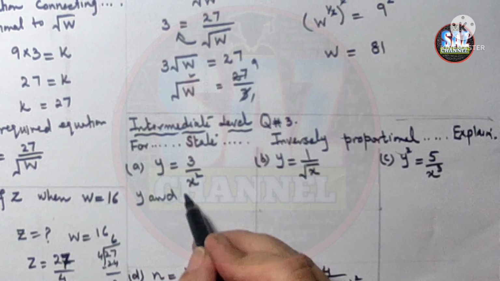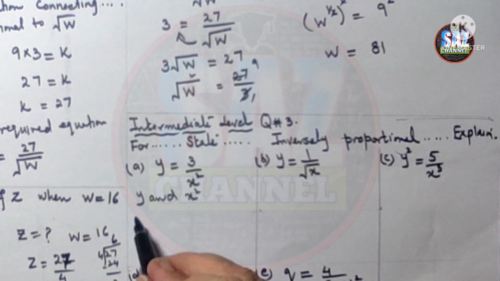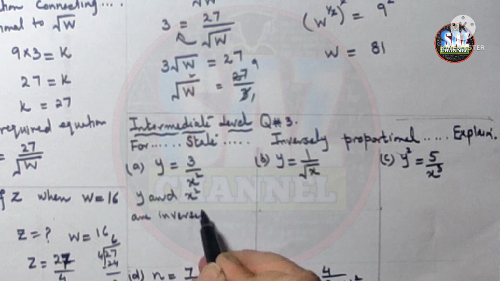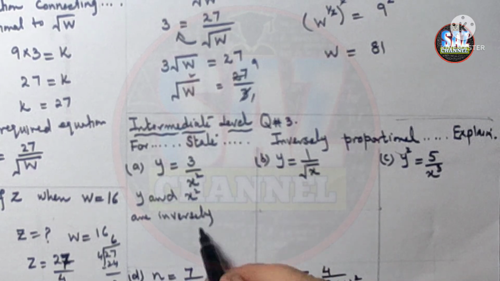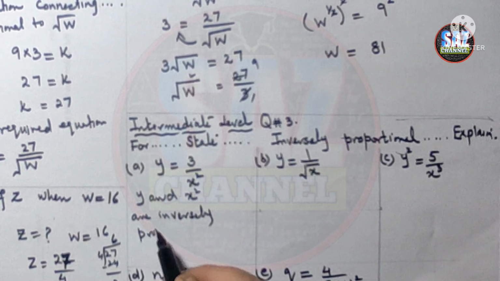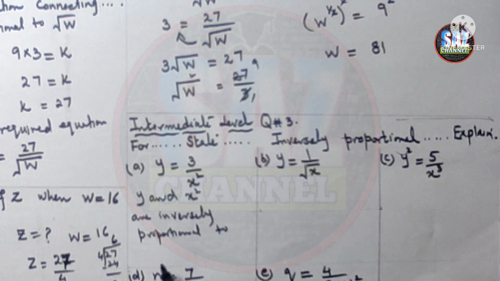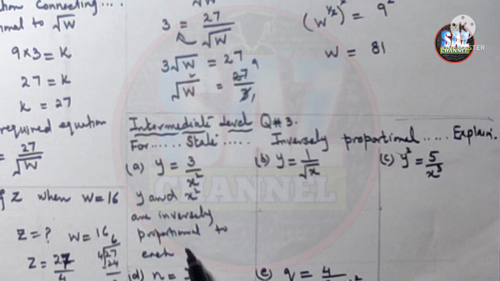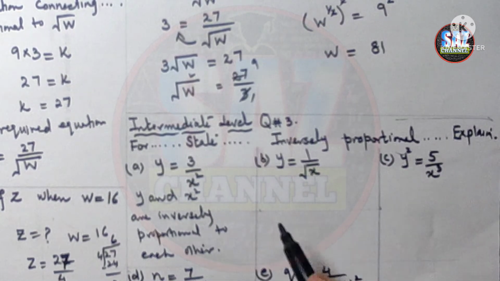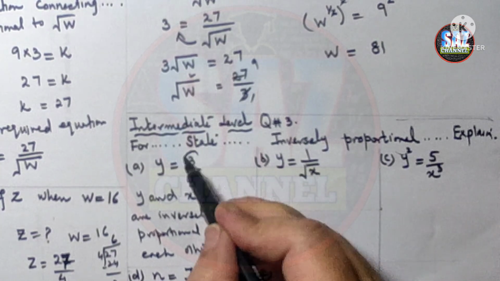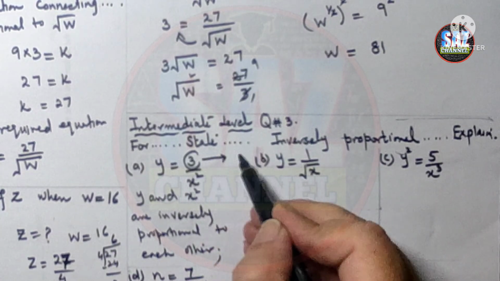Y and x squared are inversely proportional to each other, and there is the constant k, which is 3 over here. Constant of variation is 3.